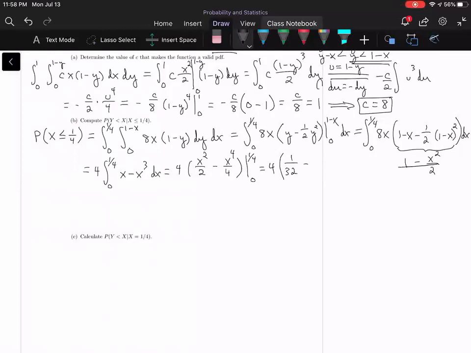I'm going to leave that as is for a moment, because I realize it simplifies if I multiply the 4 through.